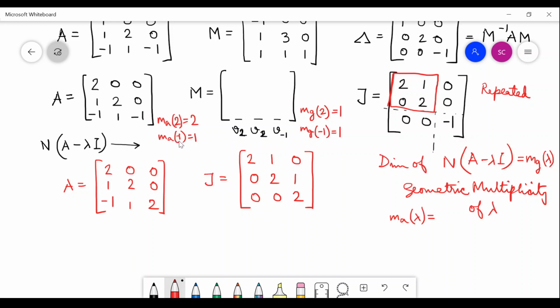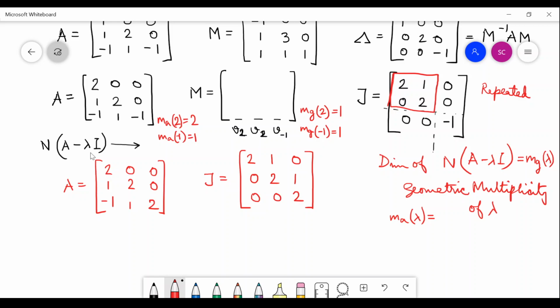If there is a distinct eigenvalue, there is no possibility that the dimension of the null space of A minus lambda I will be more than 1. You have already had the experience of calculating the eigenvectors. You have seen that for a distinct eigenvalue, I am getting a distinct eigenvector. The dimension of the null space is only 1.